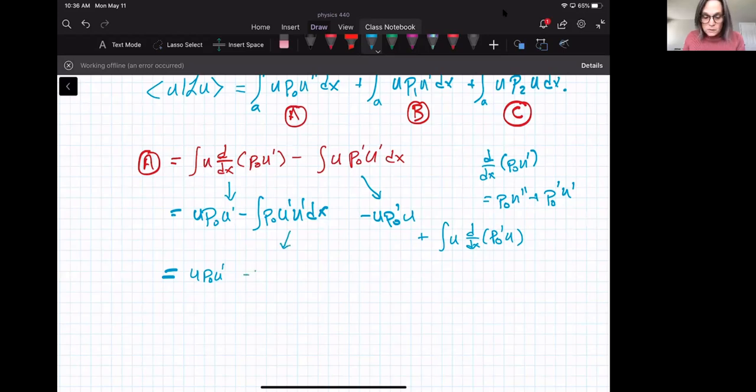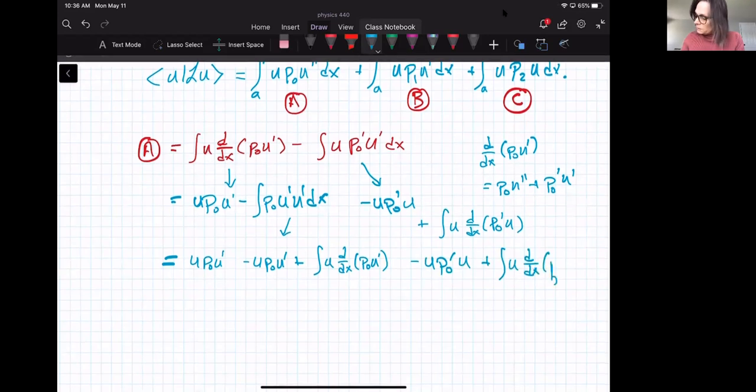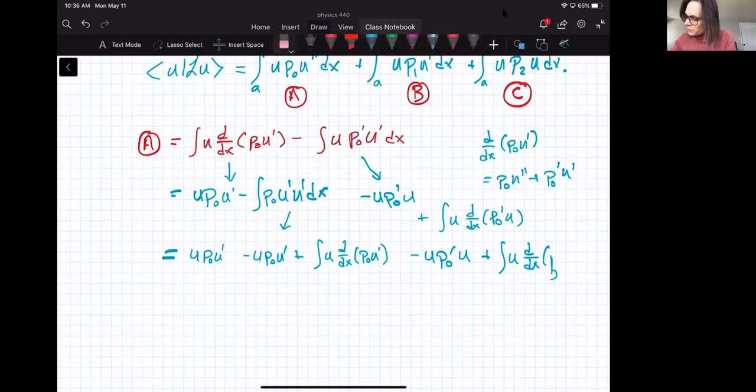So that's minus u p naught u prime plus the integral of u d/dx of p naught u prime, minus u p naught prime u plus the integral of u d/dx of p naught prime u. Okay, so far so good.